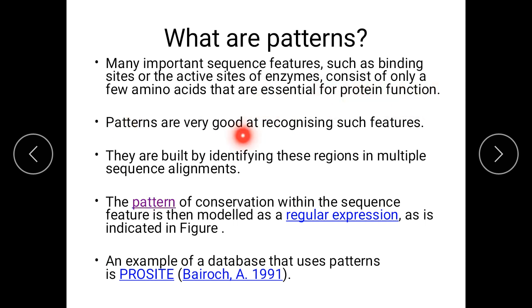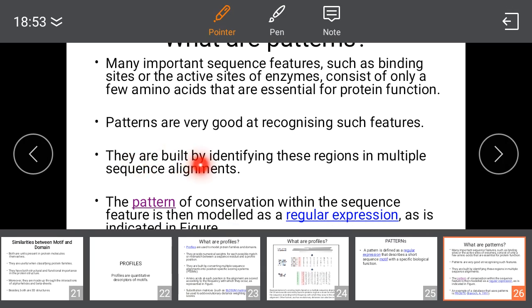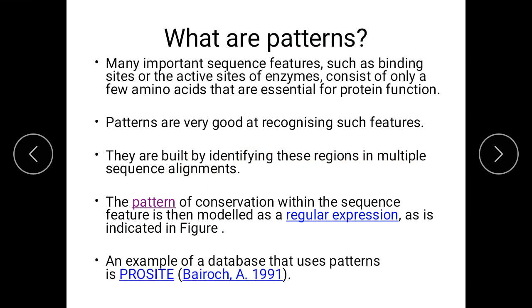Patterns are very good at recognizing such features. They are built by identifying these regions in a multiple sequence alignment. The pattern of conservation within the sequence feature is modeled as a regular expression, as indicated by the figure, and ProSite is a database which stores the pattern.